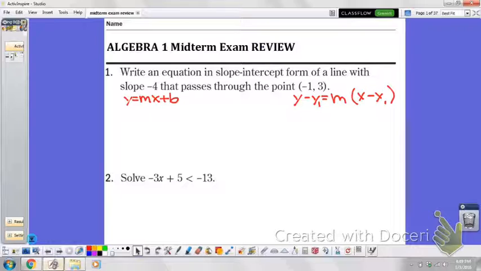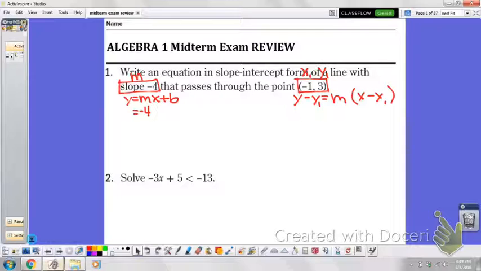Now to write the equation, we need to substitute what we're given. Well, we're given that we have a slope of -4, so that's our m. And we are also given the point (-1, 3). In that point, we have an x value and a y value, so we'll use that when substituting into our equation. So let's look at the slope-intercept equation first. I know my slope, which is -4.